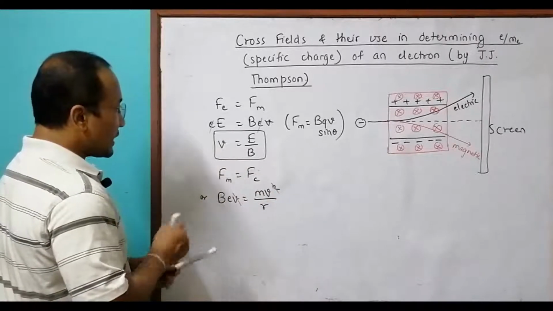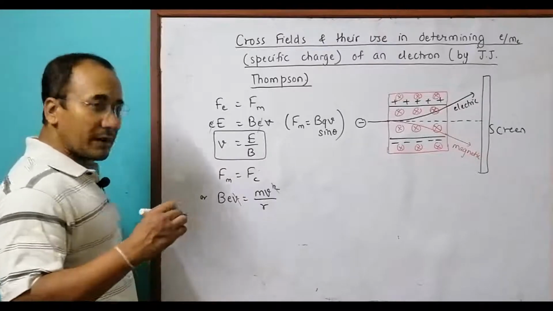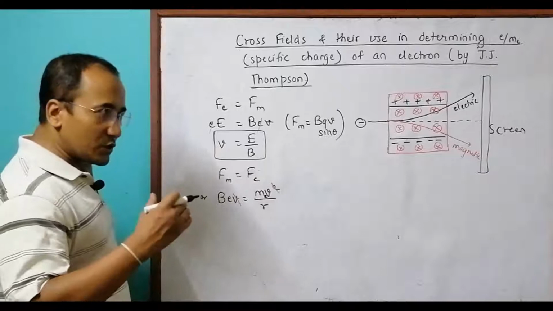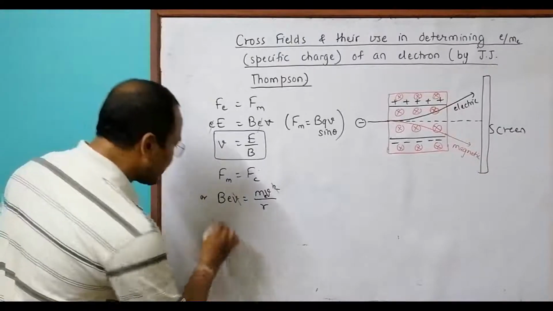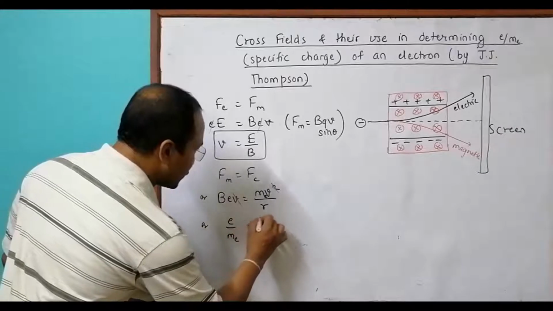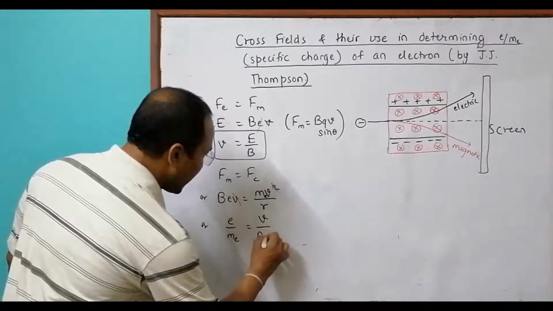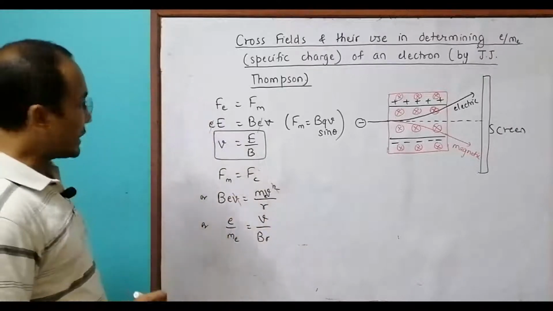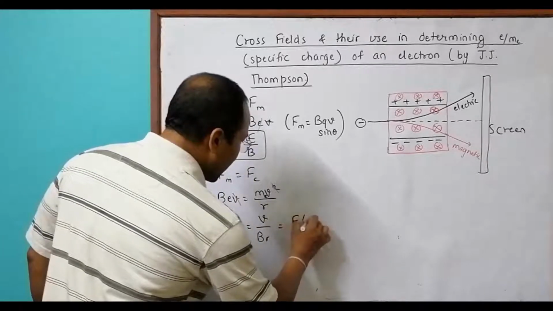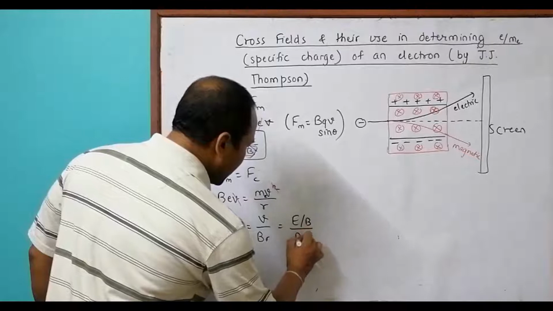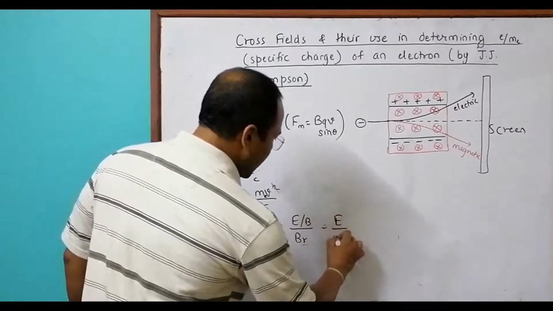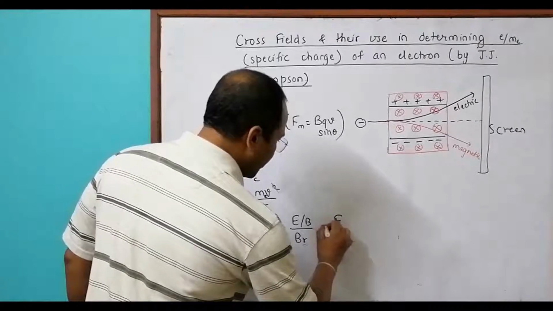What I am trying to find is e by m, where m_e denotes the mass of the electron. This gives e by m_e is equal to v by B r. And this v is E by B, so it's equal to E by B, then again B r, that is E divided by B square r.